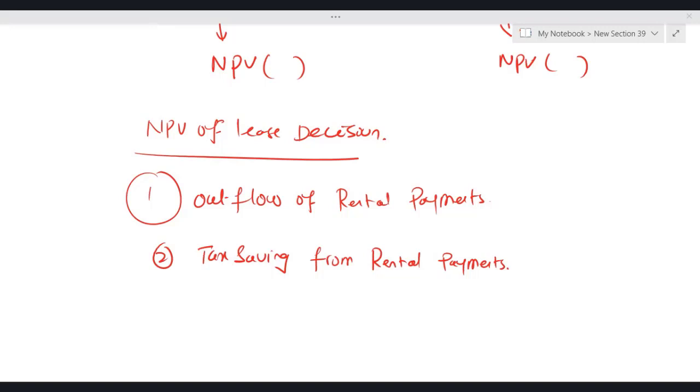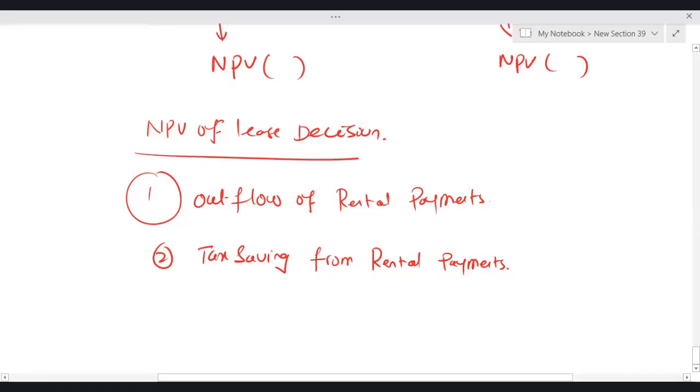But the examiner has to write categorically, clearly, that in addition to the rental, you have to bear the maintenance cost, which normally does not happen, because normally when we are paying the rental, it includes the impact of maintenance. But for the safe side, if the question clearly mentions that in addition to the rental payment, you have to pay the maintenance cost also, there will be an outflow of maintenance cost, and due to that maintenance cost, there will be tax saving as well.